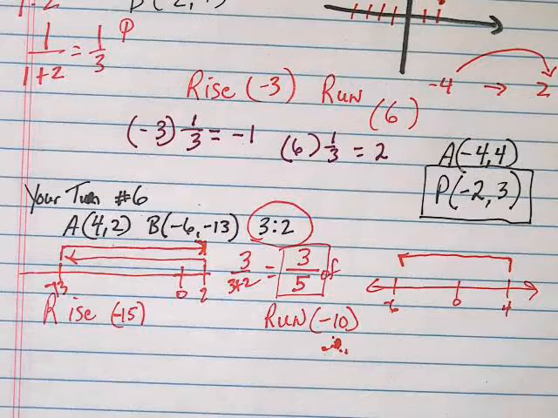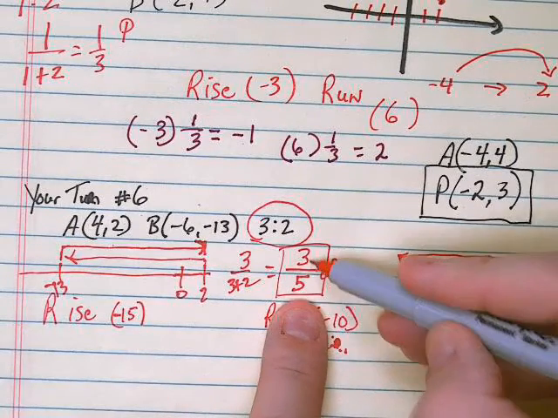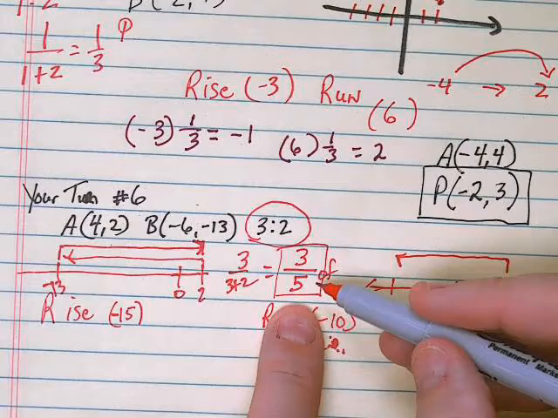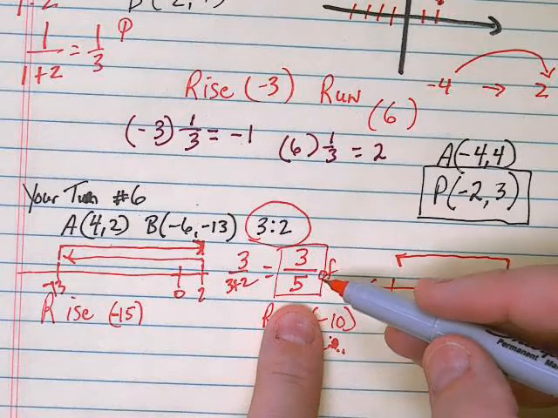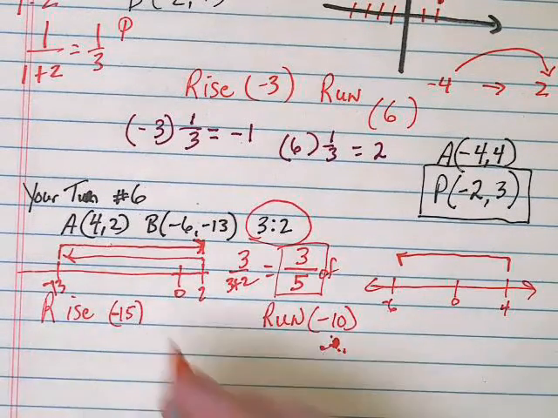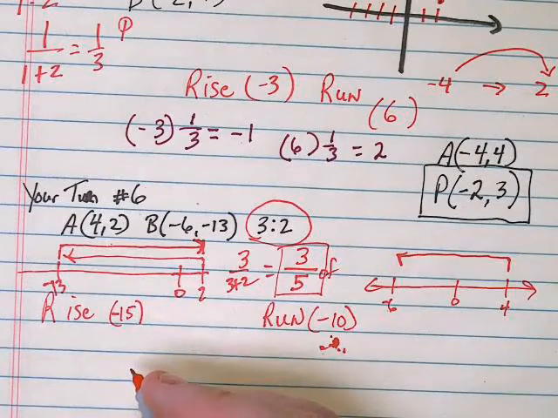Now, all this tells us is how far we've moved. How far is point P, though? Point P isn't the whole way. Point P is only 3/5 of the way. I know, you have to work with fractions. Use a calculator if you have to. Anytime we use the word "of," that means multiply.